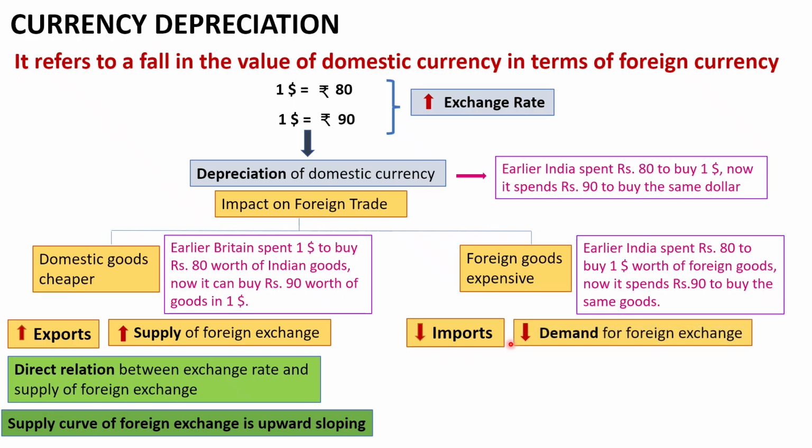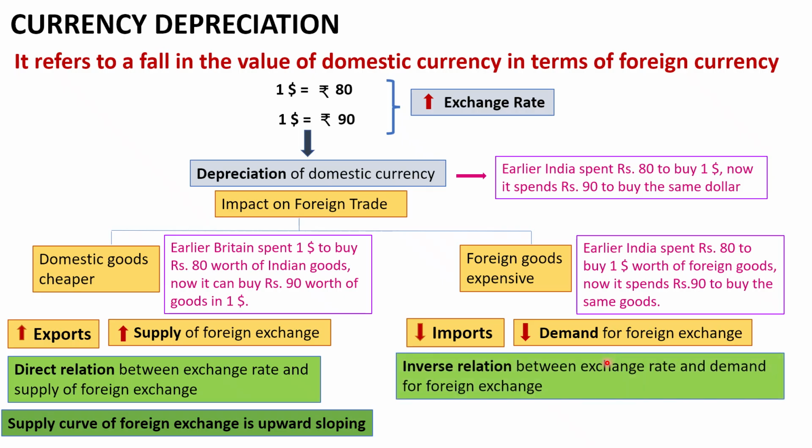Now, since imports are a major source of demand for foreign exchange, whenever we import goods, we need to pay in terms of foreign exchange. So, decrease in imports will lead to decrease in demand for foreign exchange. And we establish the inverse relation between exchange rate and demand for foreign exchange.